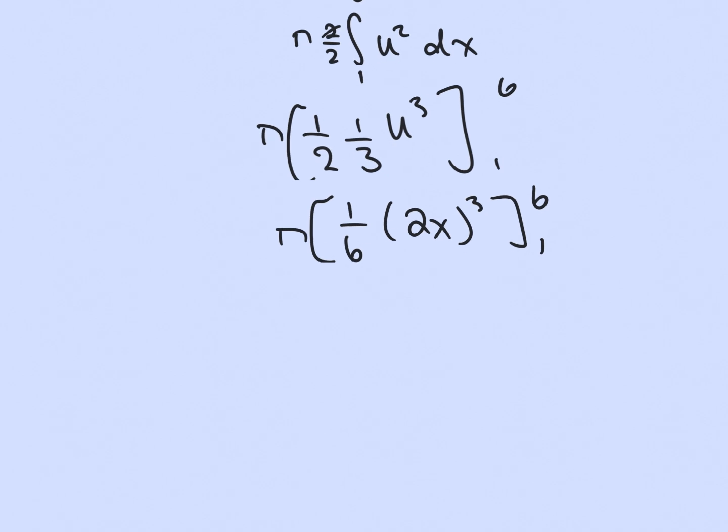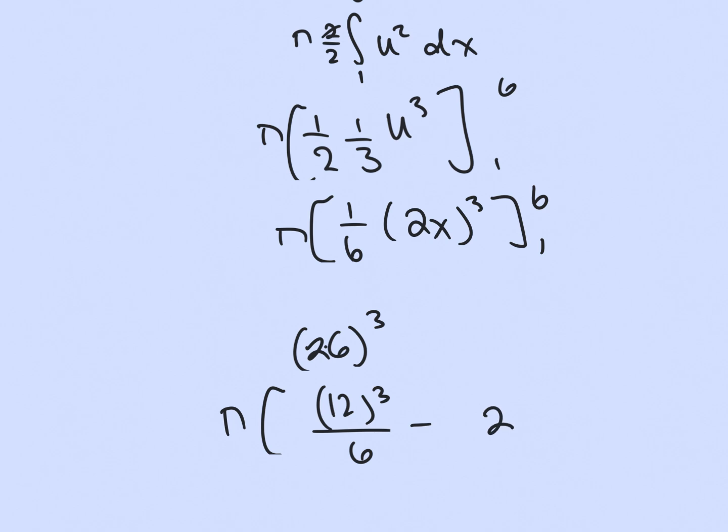And then we just have to plug it in. So 2 times 6 to the third is 12 to the third divided by 6 times pi, minus 2 to the third divided by 6. This time I do have my calculator.